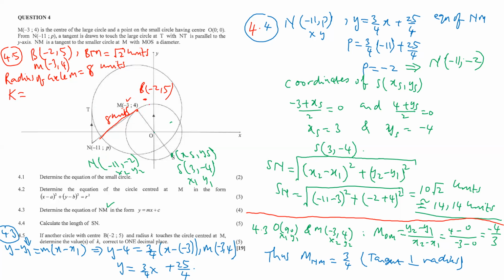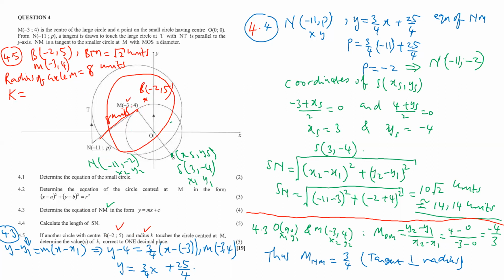All right, so K can then be obtained from that. So if this is the point, then we're saying there's another circle with center B, and it has radius K, but touches the circle centered at M. So since it is inside here, it can touch in a couple of ways. So it can actually touch this way. It can touch this way.